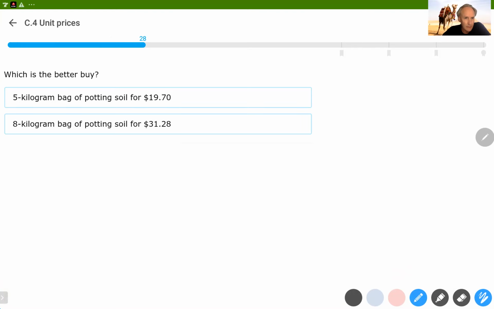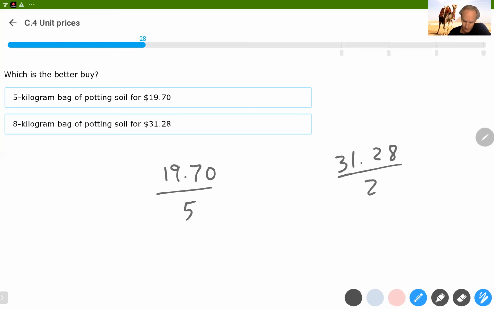Which is a better buy? Okay, so 19.70 over 5, or 31.28 over 8. And we want to see which one is larger. If you have a calculator handy, you can cross multiply to determine which one is bigger.